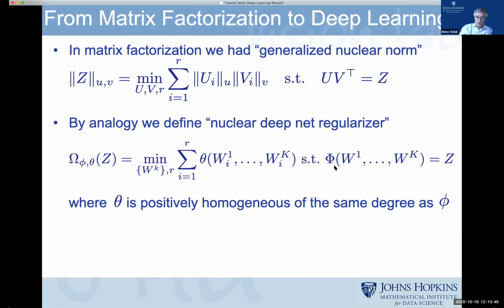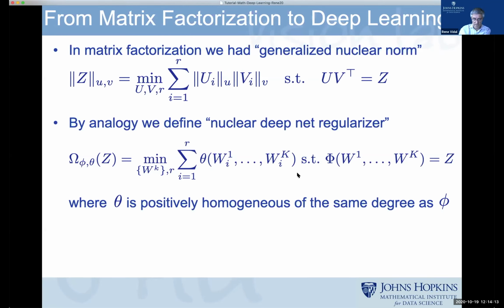Among all those possible choices of the weights that give rise to the same output Z, I'm going to choose the weights that minimize the regularizer, whichever regularizer I had decided. Again, here at the top, it was sums of products of weights. The only property that regularizer must have is that it must be positively homogeneous and that the degrees have to match.